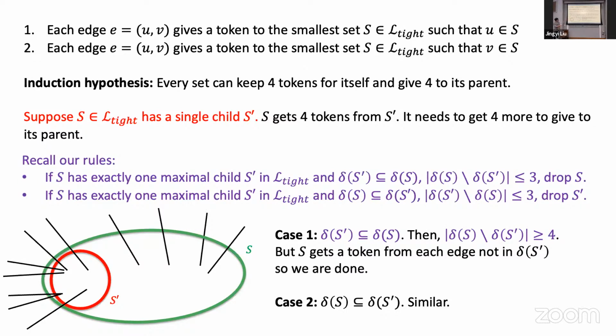But then for each of these edges, the smallest set containing one of the other endpoints is S. So we're going to get 4 fresh tokens, because remember, an edge gave 1 token to the smallest set in L containing U, and the smallest set containing V. So here we're done. And the same thing is true if delta of S is a subset of delta of S prime.